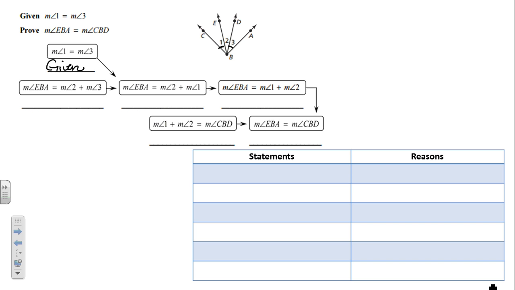Okay. Now, the next thing that they decided to write down for a statement was that the measure of angle EBA is equal to the measure of 2 plus the measure of 3. E to B to A, that big angle, is equal to the sum of the smaller ones, 2 and 3. Okay?